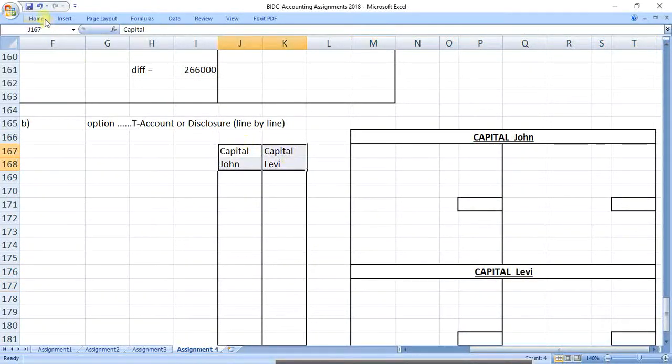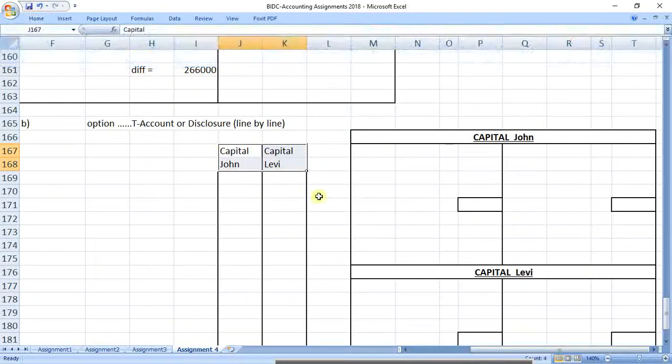What must the account always start with? A balance, obviously. So opening balances. Let's look for them. Question 3, capital account, John and Levy. John had 200 and Levy had 70.